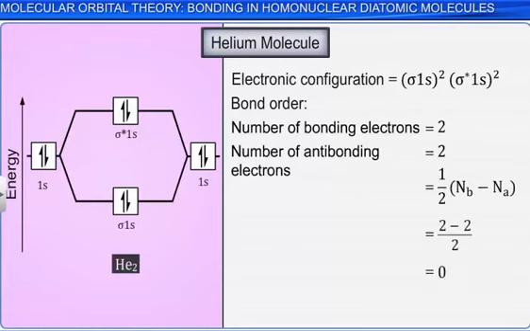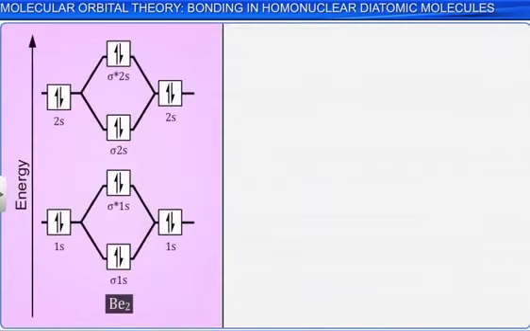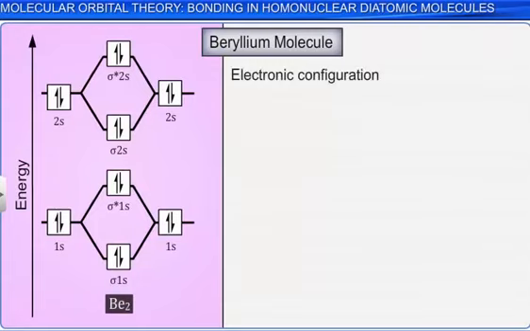This proves that a helium molecule is unstable and therefore does not exist. Similarly, beryllium molecule with an electronic configuration of sigma 1s2, sigma star 1s2, sigma 2s2, sigma star 2s2, and a bond order of 0 is considered to be non-existent.